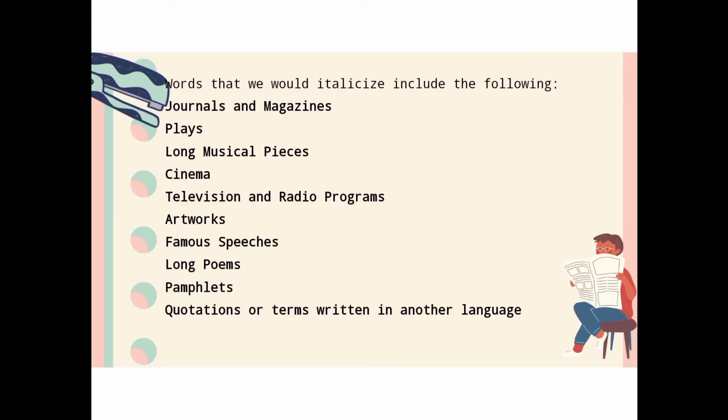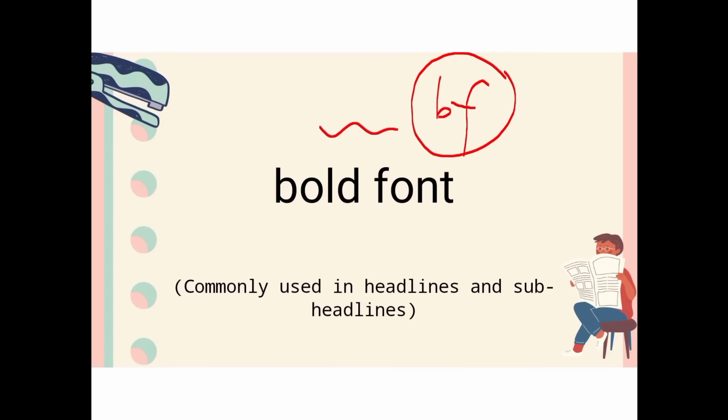We do almost the same steps to set a word into bold font, except instead of ital, we write BF and encircle it. And when there are words that are in incorrect font, we follow the same steps also, except we write WF.